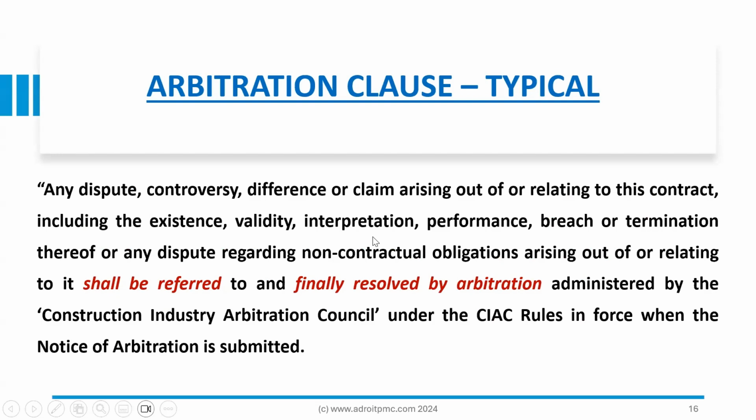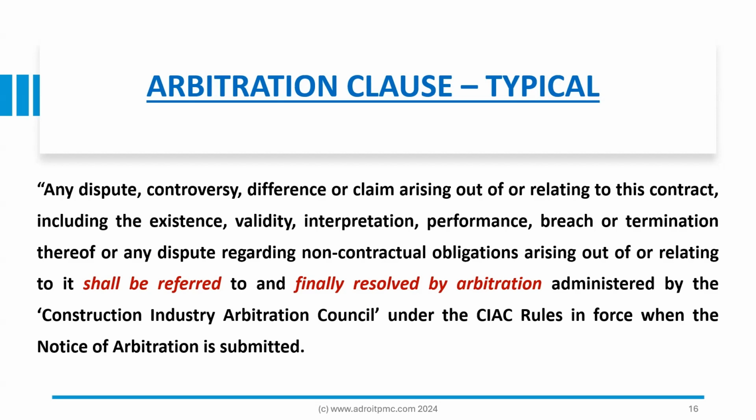So this is one of the typical dispute resolution clauses with arbitration agreement incorporated. Here it is mentioned that any disputes, controversy, difference, or claim arising out of or relating to this contract, including the existence, validity, interpretation, performance, breach, or termination thereof, or any dispute regarding non-contractual obligation arising out of or relating to it will be referred and finally resolved by arbitration administered by the CIAC Council under the CAC rules.